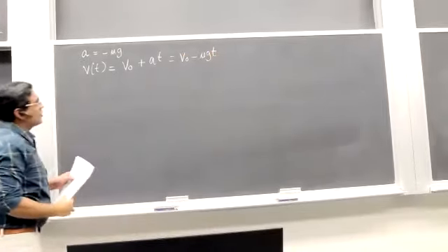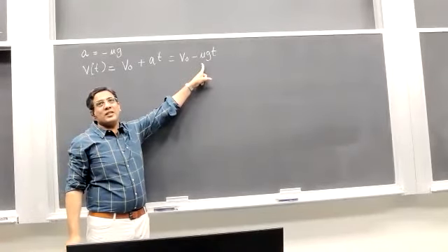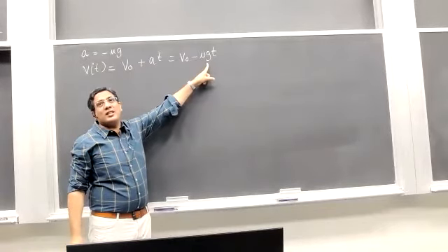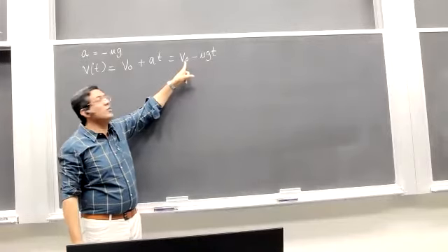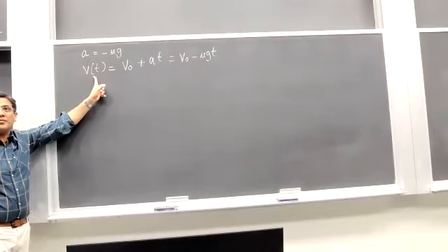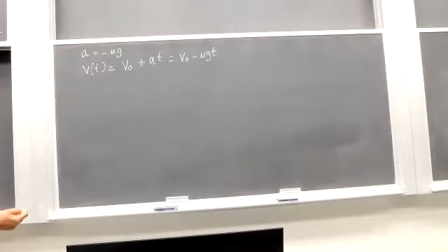As time grows, the more we wait, this term grows, and at some point this would be equal to v naught, and what happens to v t? It becomes 0. So this was a translational motion of the center of mass of the object.